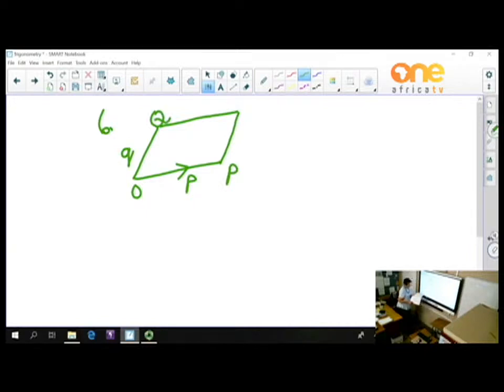And then they say, write in the vectors OR. Now, to get to R, this is where we take the long road. It is a parallelogram, which means this one is also going to be P. So OR, then the long road will now be Q plus P.